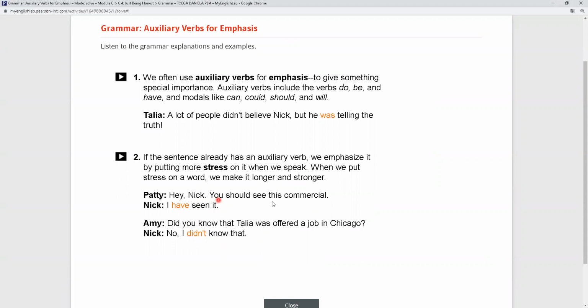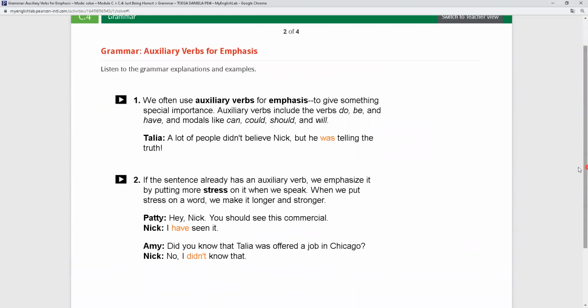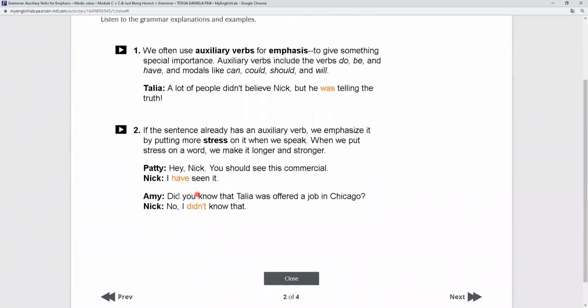Hey Nick, you should see this commercial. I have seen it. Ok, lo único que hacemos es darle más fuerza a la palabra para darle más énfasis, y me imagino que eso también pasa con el castellano, que a veces cuando queremos darle más énfasis a lo que vayamos a decir, la entonación cambia un poco. Entonces, si ya tenemos, no es necesario poner algún otro verbo auxiliar para enfatizar.